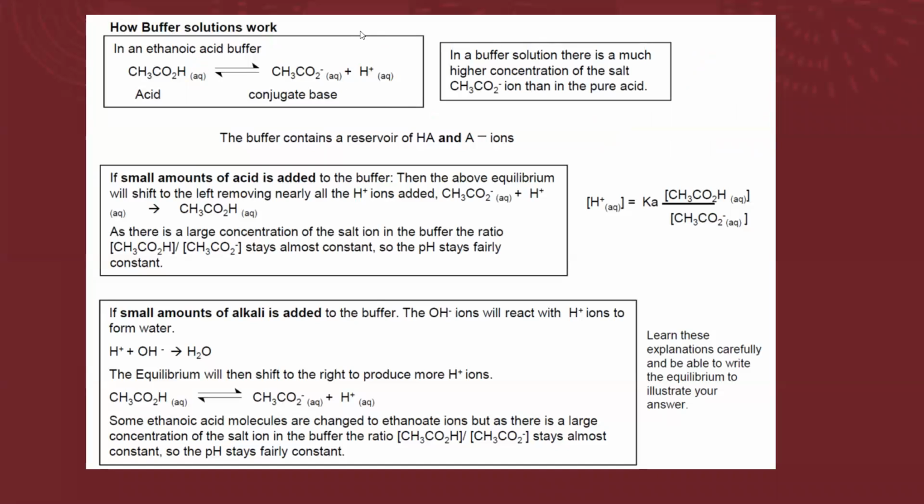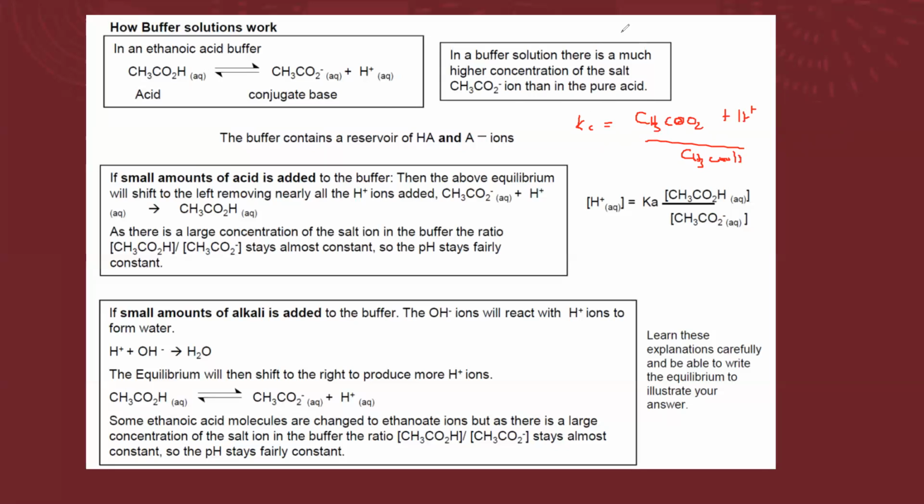So what is the advantage of having this? You can see when we write the dissociation constant Ka for this weak acid, Ka is equal to the product of CH3COO- and hydrogen ion divided by CH3COOH.